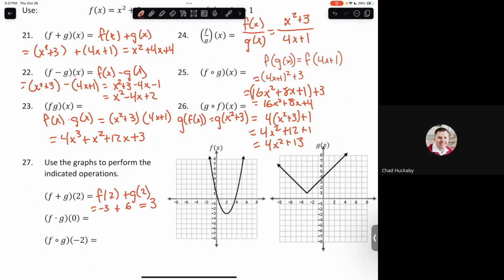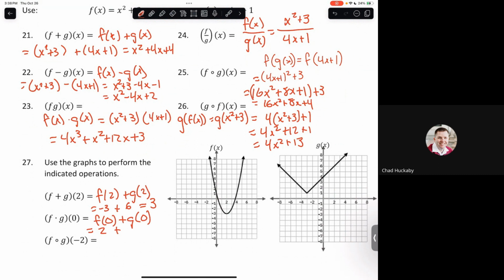Okay, so now we want to find f times g, not f o g, but f times g of 0. So that's f of 0 plus g of 0. Well, we can evaluate f at 0. When x is 0, f is 2. And when x is 0, g is 4.